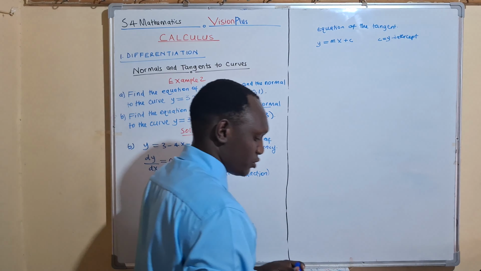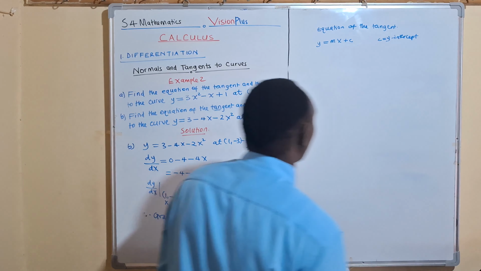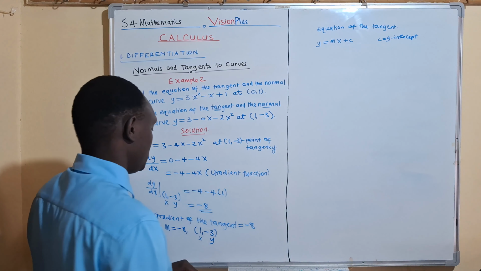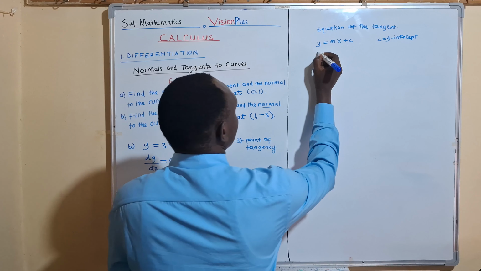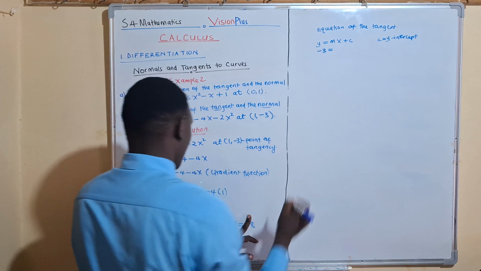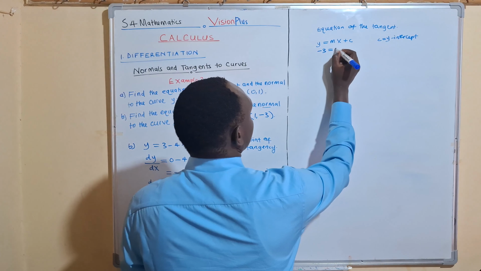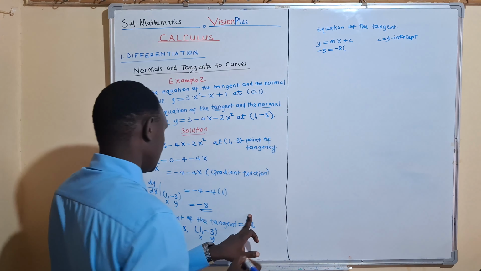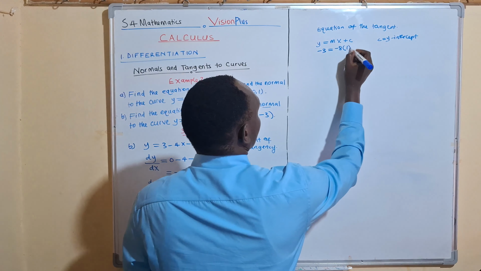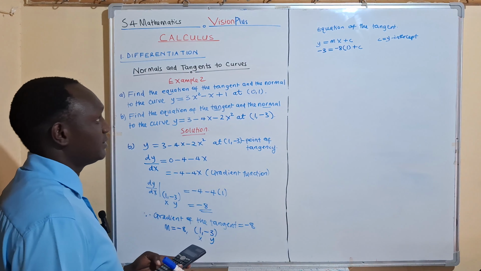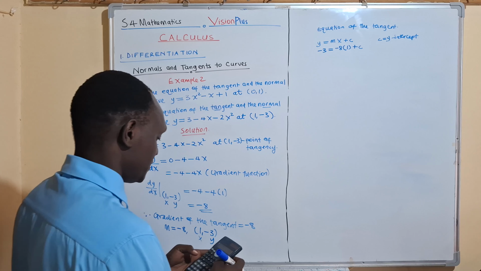So, what do we do here? We substitute. y is negative 3. Negative 3 equals m is negative 8, negative 8, x is 1, plus c. Then we make c the subject of the formula. So, negative 8 times 1, taking that side becomes positive.